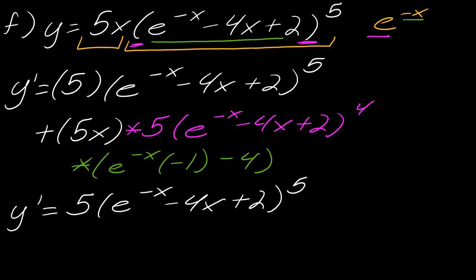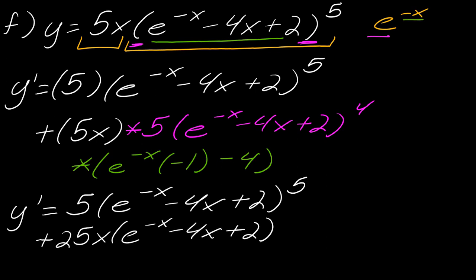Okay, so there's the first part, and then here's the second part: 25x times e to the negative x minus 4x plus 2, all of that to the 4th, times negative e to the negative x minus 4. Not the prettiest looking derivative, but it is what it is.